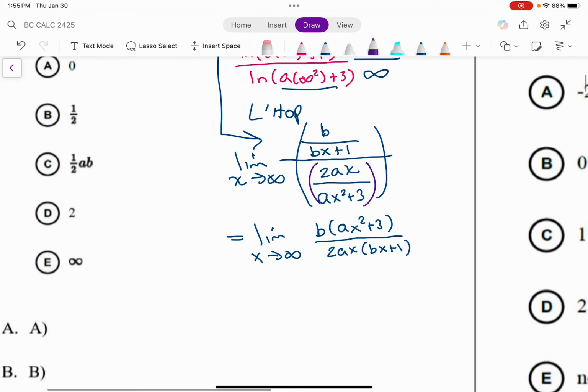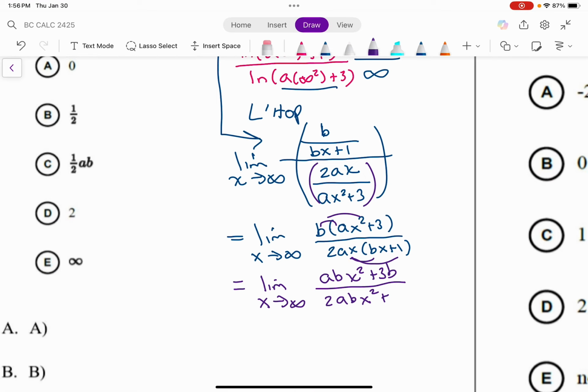And so what now? At this point, notice we're not dealing with ln anymore, so that's useful. If I distribute this, I get abx squared plus 3b, and in the denominator I get 2abx squared plus 2ax.